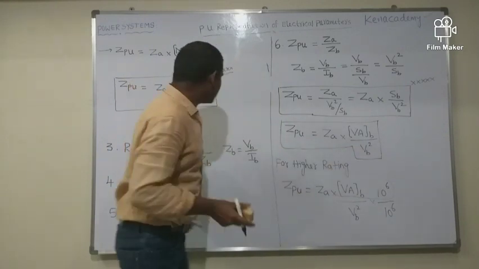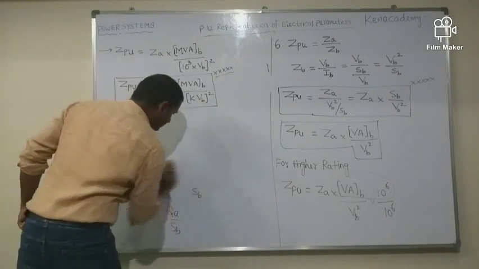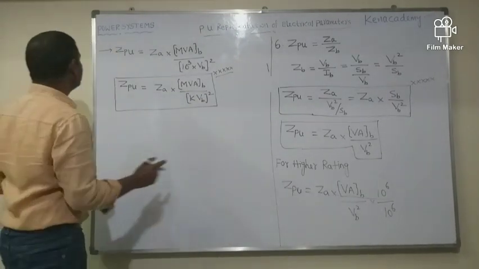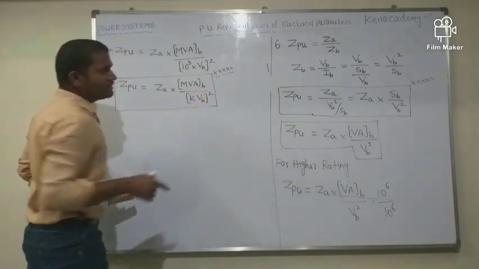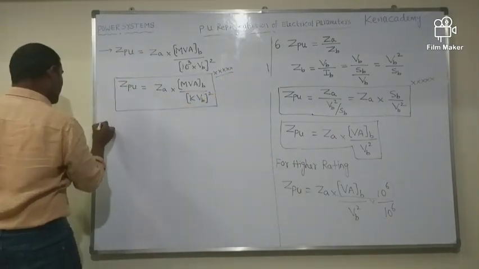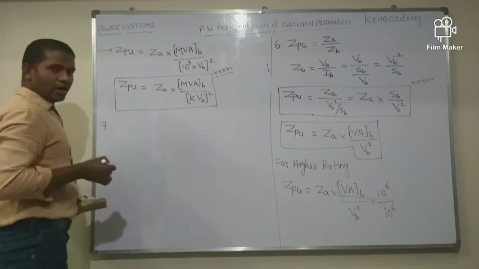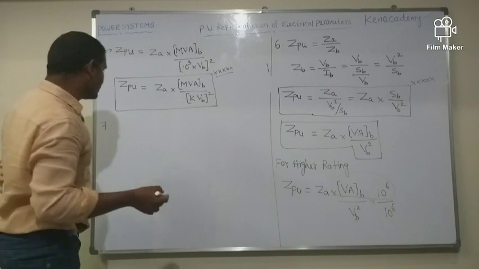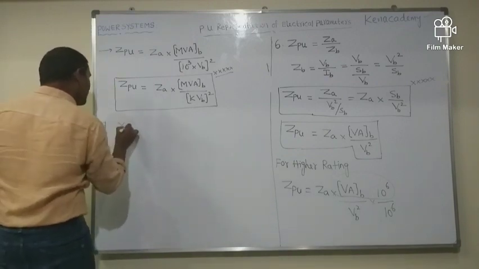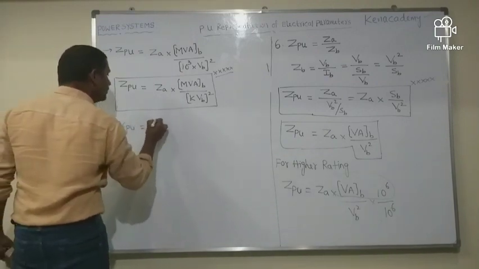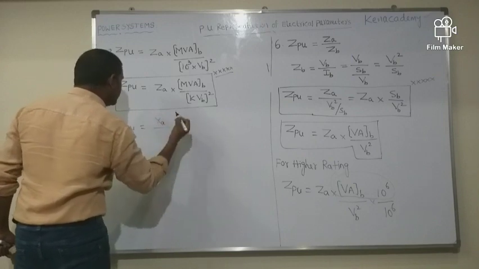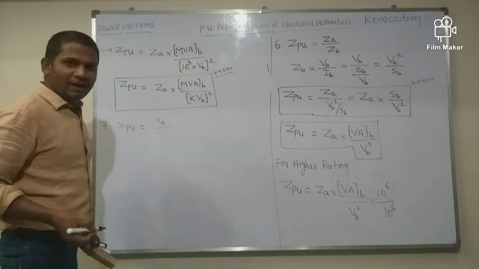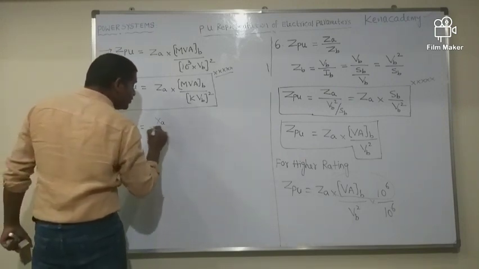Clear? Understand? One more parameter. Listen please. I am writing the sixth one is Z per unit. The seventh parameter is, this is also important during solving of the problems. Instead of impedance, I am writing for reactance. Now tell the students, reactance per unit equal to actual reactance by, then which you take?